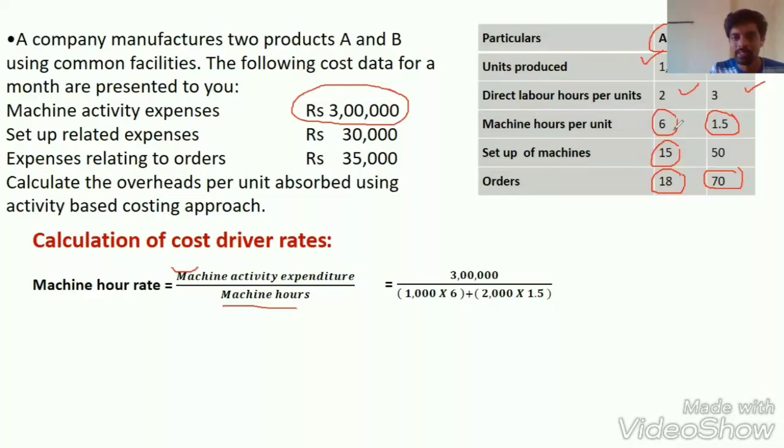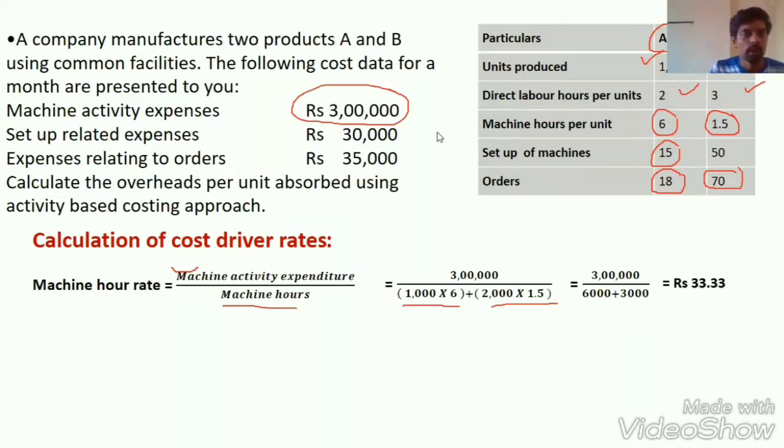To make 1 unit, we need 6 hours, right? So A, we made 1000 units. 1000 into 6 is 6000. And B, we made 2000 units. 2000 into 1.5. So find out mission hour rate. So that will be 33.33 rupees. So this is the cost per hour.